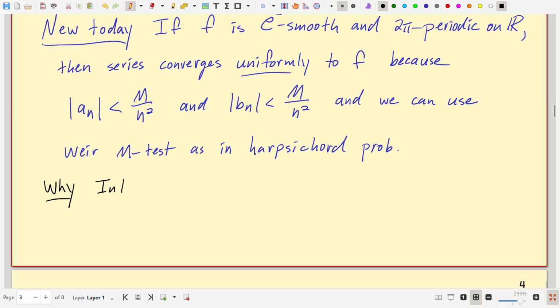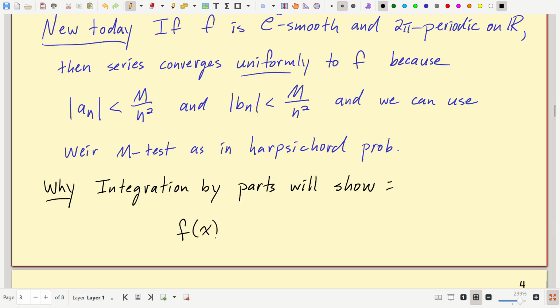So here's the why. Integration by parts is going to allow us to do this. Okay, so f of x would correspond to, I'll use the complex version now, a Fourier series.